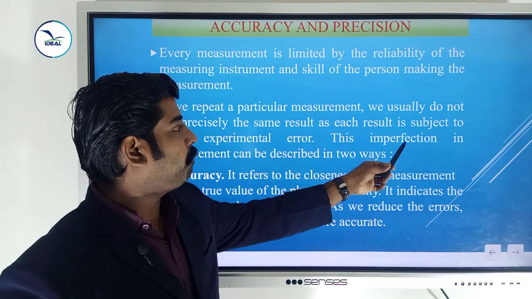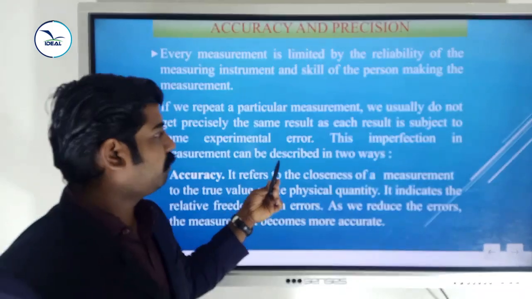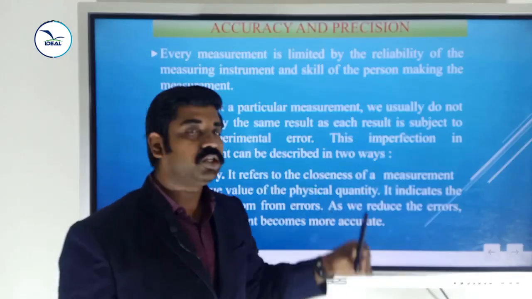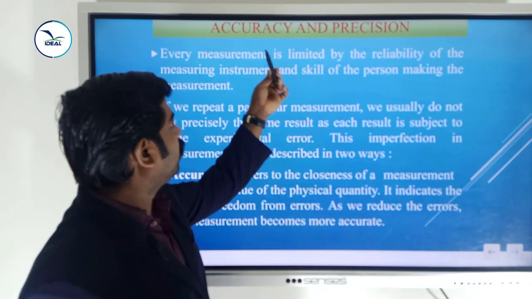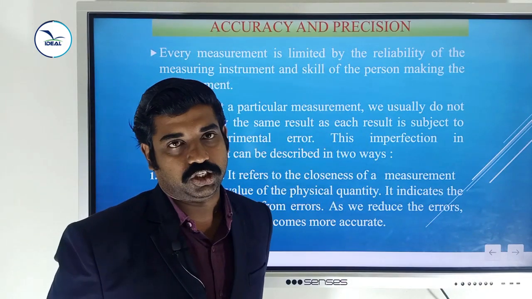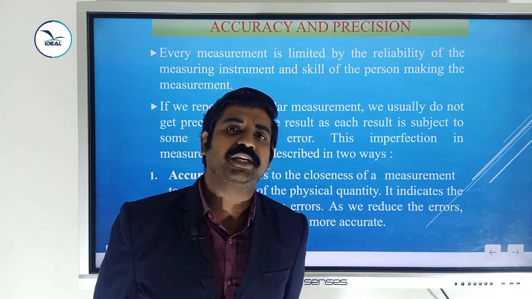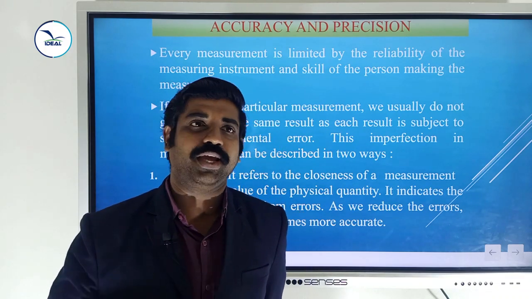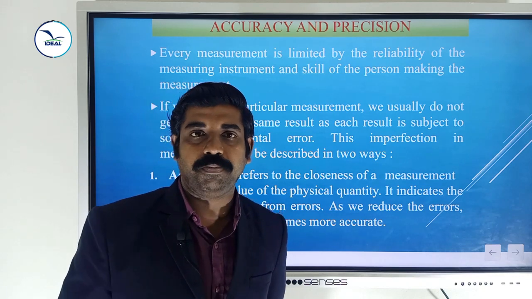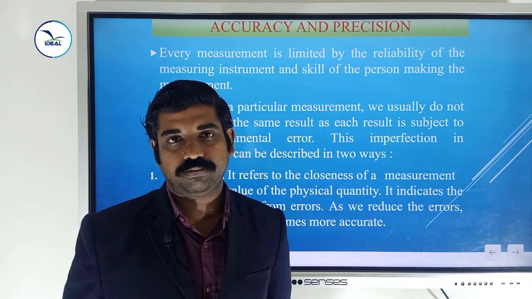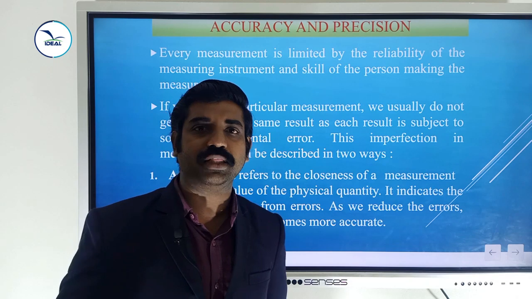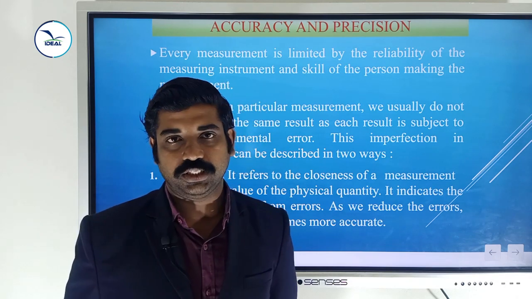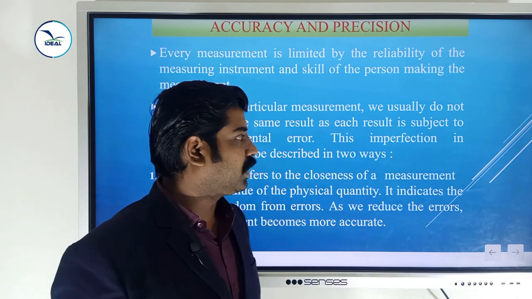This imperfection in measurement can be described in 2 ways, called accuracy and precision. If anyone takes a reading, there may be some differences each time we take the reading.